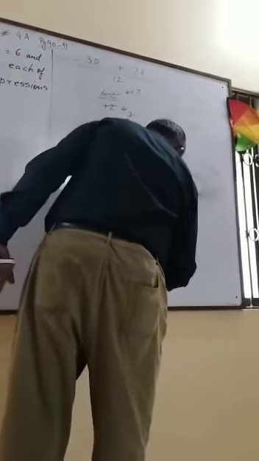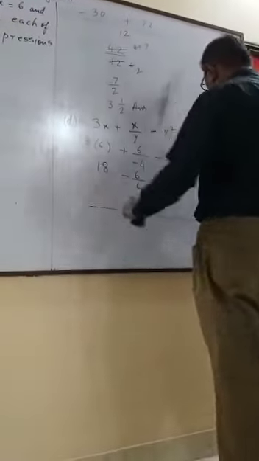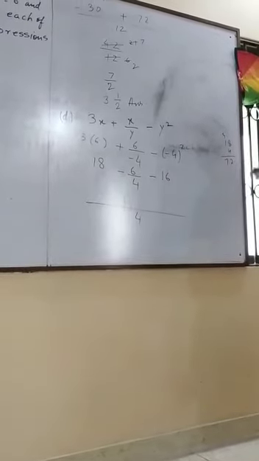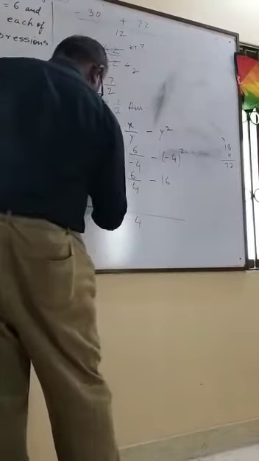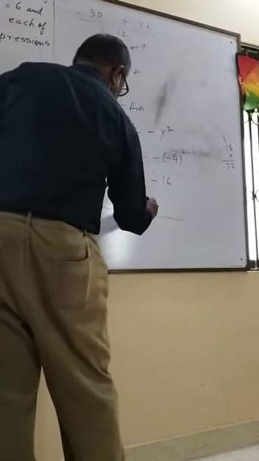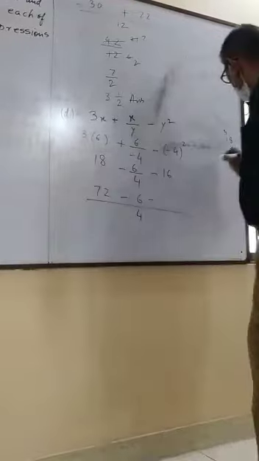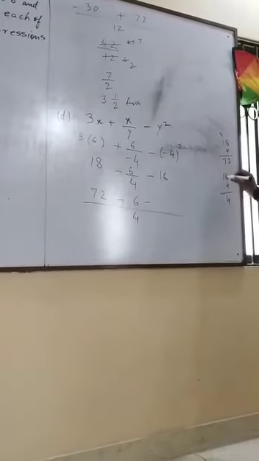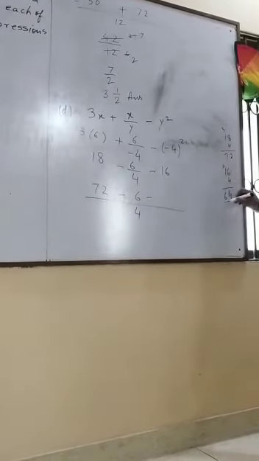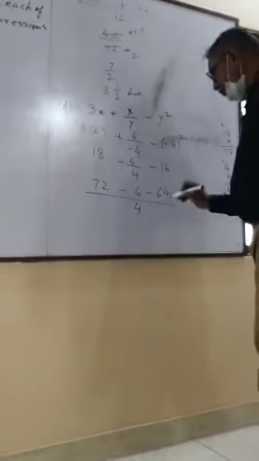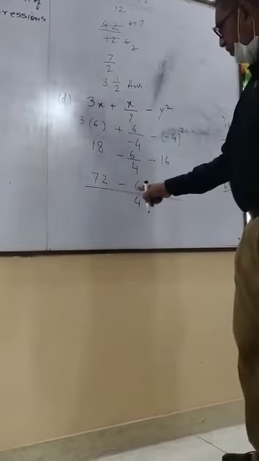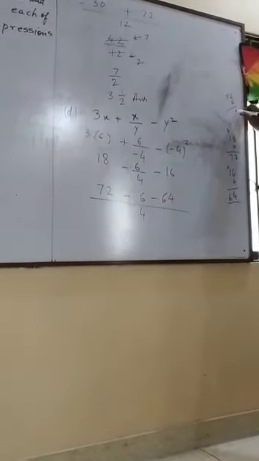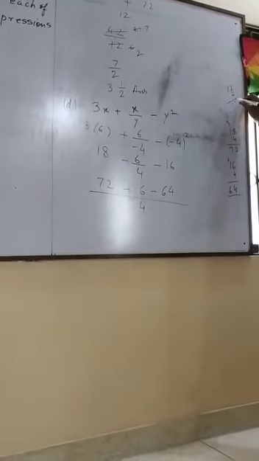Okay, right? Now take LCM. LCM is 4. Now 18 multiplied by 4 is 72. So we will have 72 over here, and 6, and 16 multiplied by 4 is 64. Now 72 minus 6 is how much? 66.